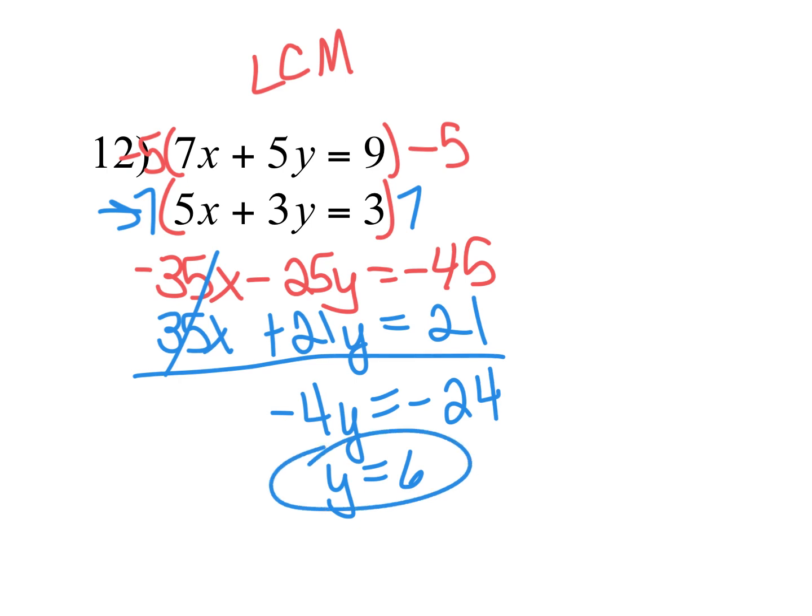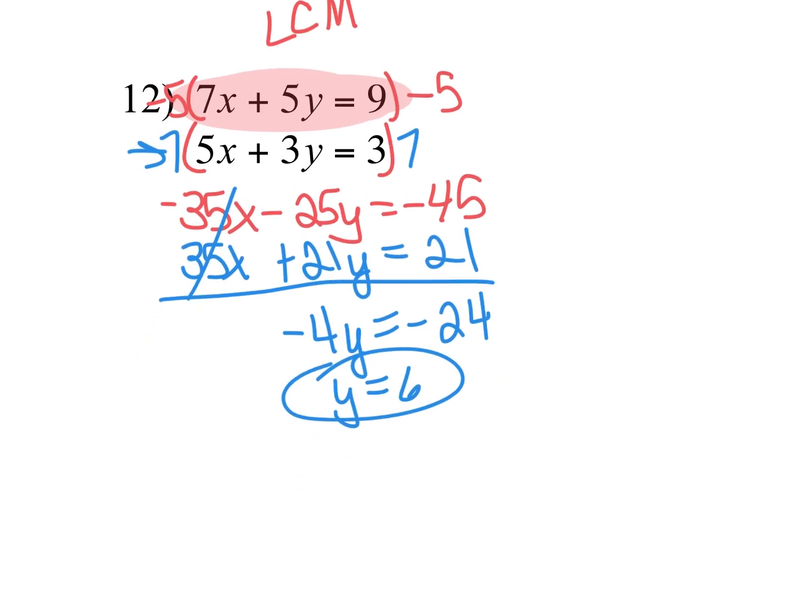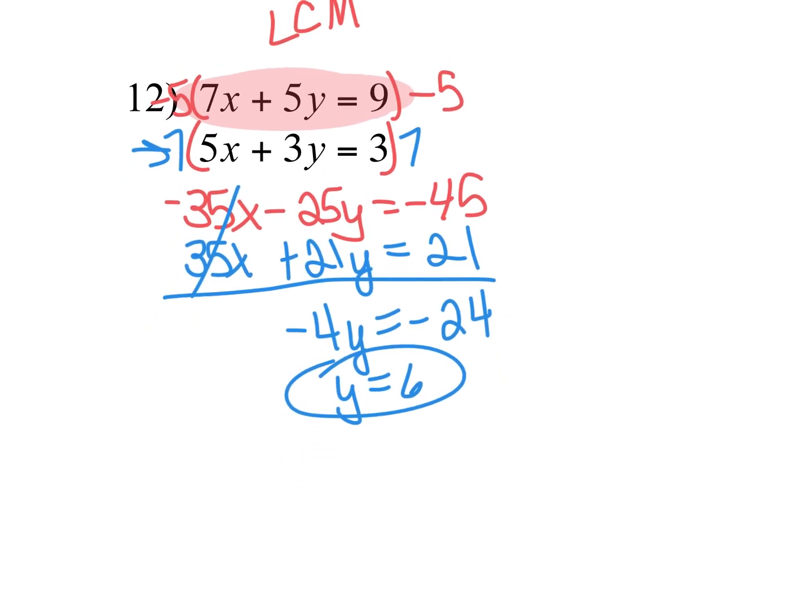I just found y, so I can go back up to one of these original equations. I'm going to use this top equation. It doesn't matter, I can use any of those equations up there that I want. I'm going to put 6 in for y.